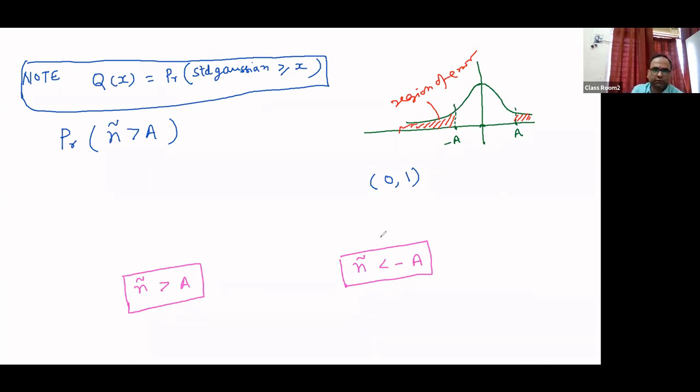So this is the situation for standard Gaussian. So what will we do for it? See, here we have Q of x equal to the probability that a standard Gaussian should be greater than or equal to x. So the Gaussian here should be a standard Gaussian.